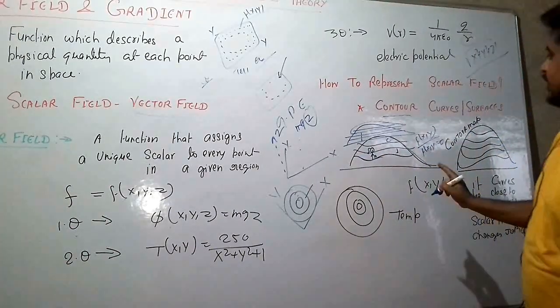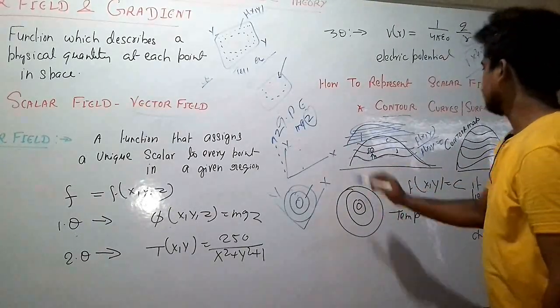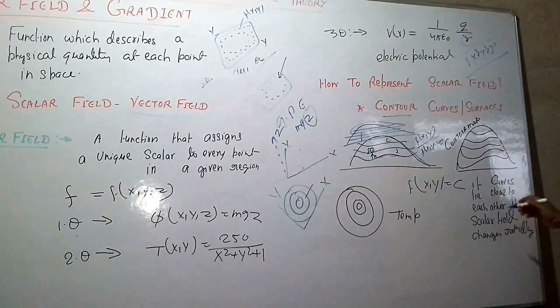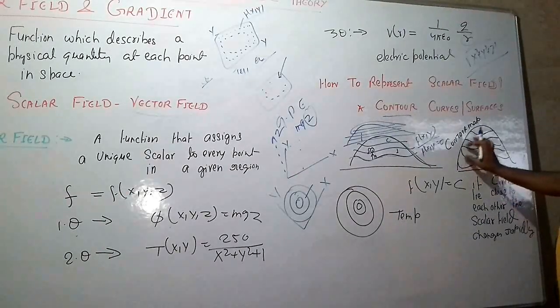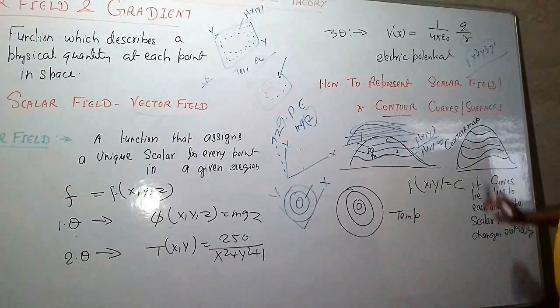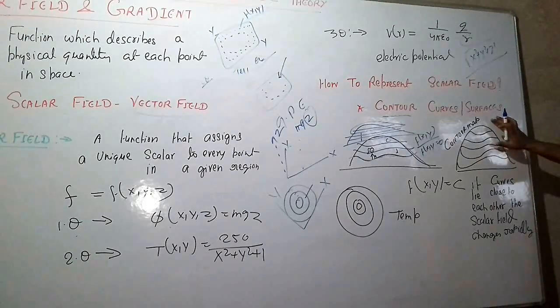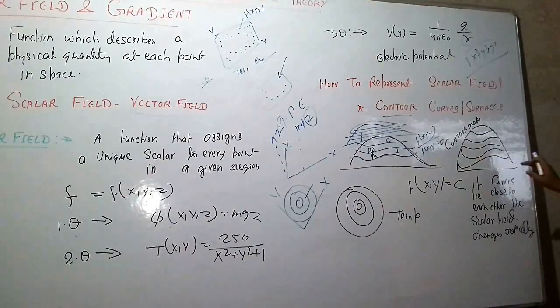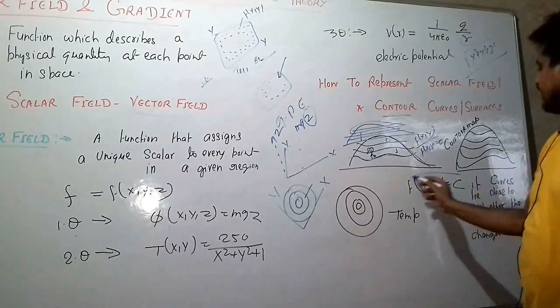It means the value of the scalar field on this contour curve is constant. And one thing more: if curves are much closer to each other, it means the scalar field is changing rapidly, and if contour curves are far away from each other, it means the scalar field is changing slowly.